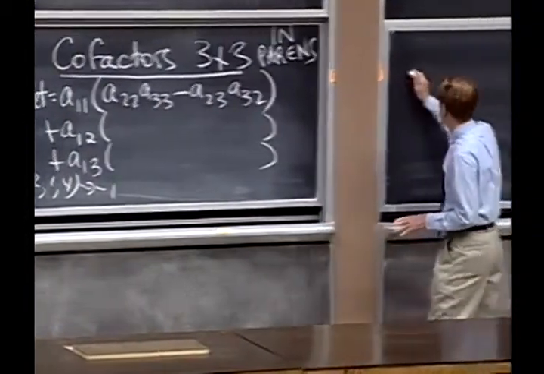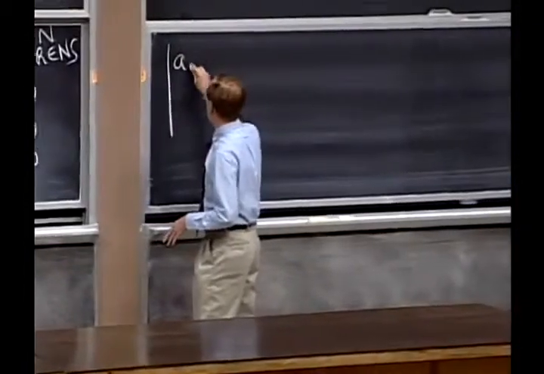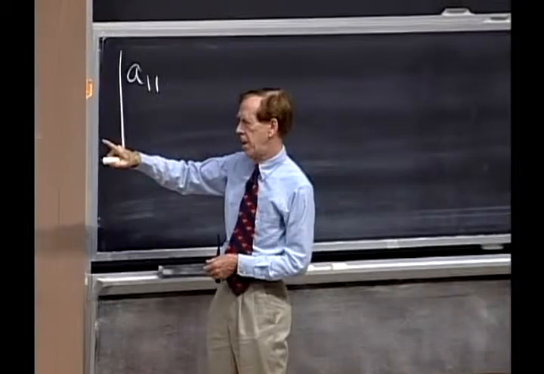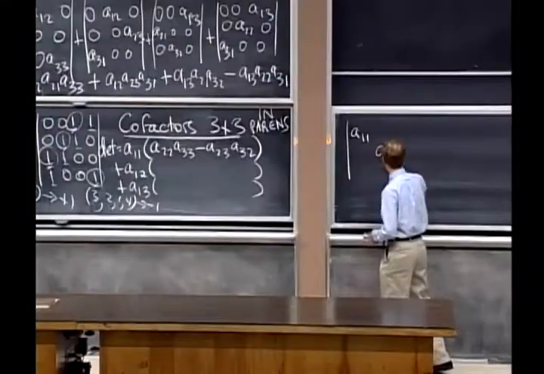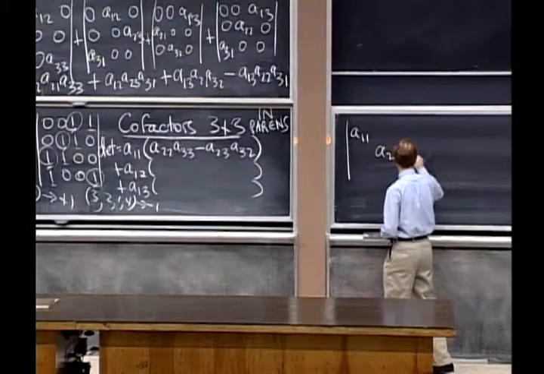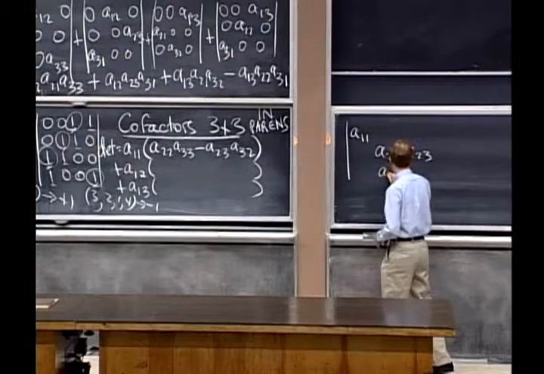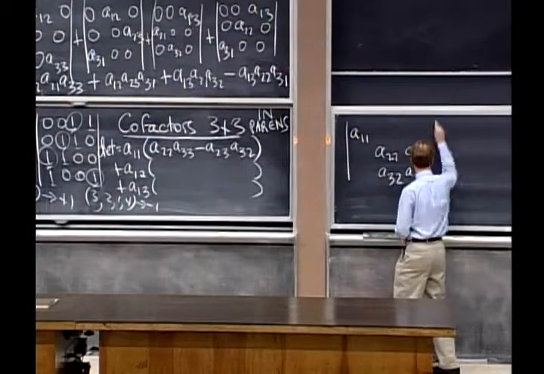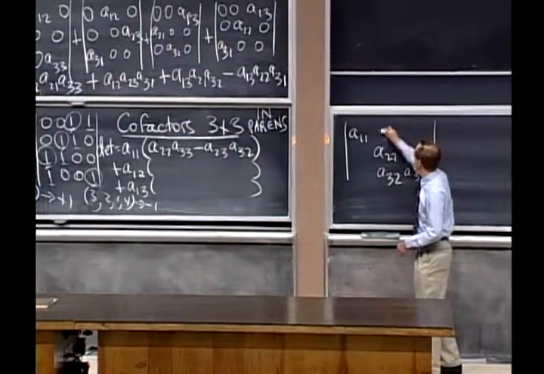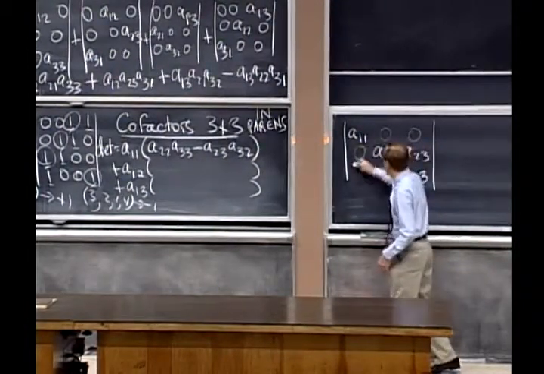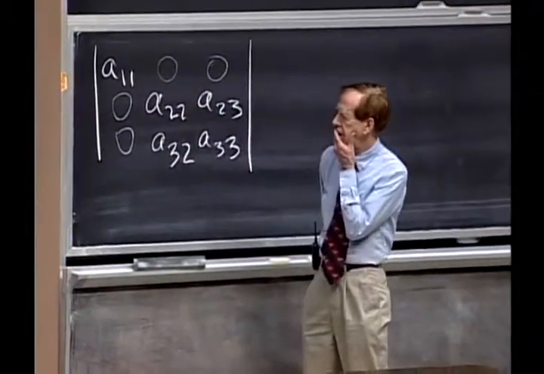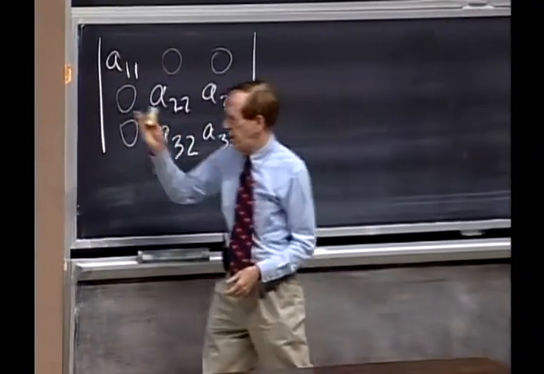Let's see, I'll put it here. There's the A11, that used column 1. Then the other factors involve these other columns. This row is used, this column is used, so the only things left to use are these, and this formula uses them.